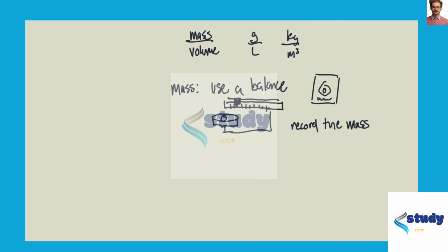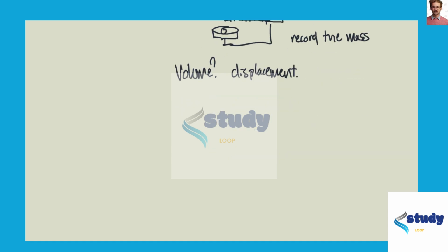Okay, what about volume? The traditional way of determining volume is to use displacement. The idea is that if we have a beaker, or a graduated cylinder would be more accurate, and we have, let's say, 5.83 milliliters of water in our beaker, and then we drop in the ring.